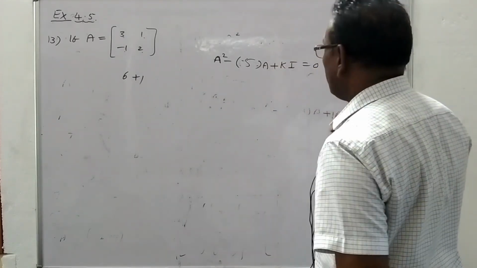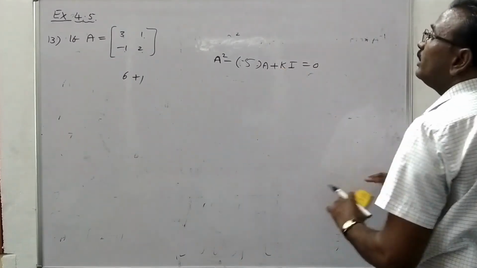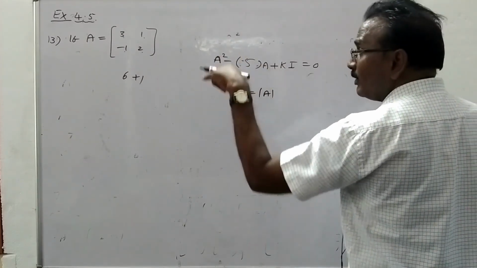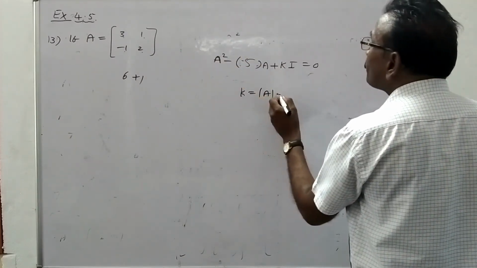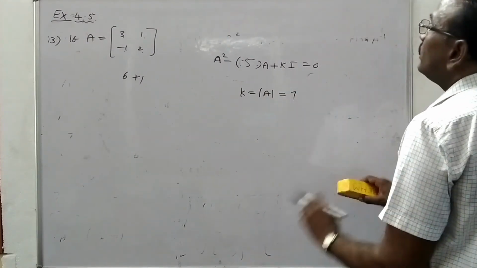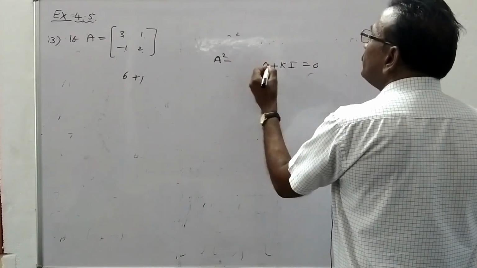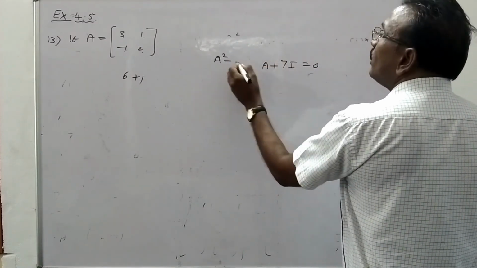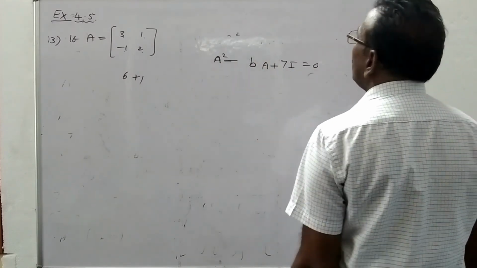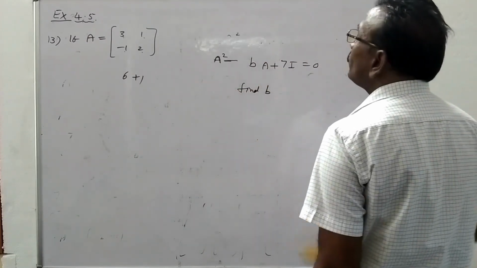So using this formula, k is equal to the determinant of A. What is the determinant of A? That is 7. Direct answer. Or sometimes, A square minus bA plus 7I is equal to 0, so find the b value.